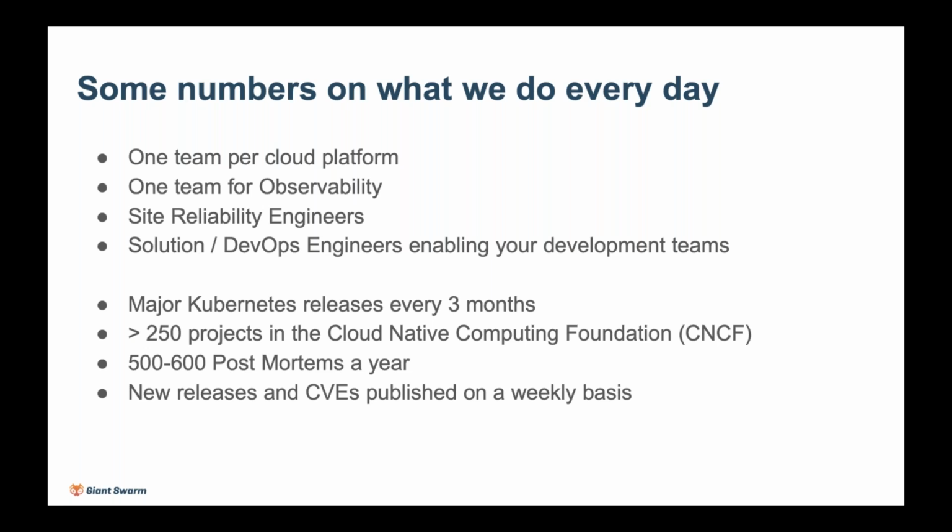If there are new developments coming out that cover certain aspects or provide capabilities to support certain use cases for customers, that's what the cloud platform team does. Then we've got one team that just takes care of observability.